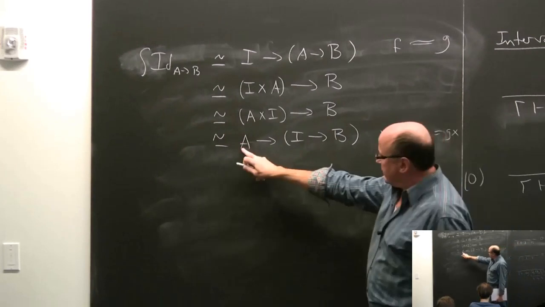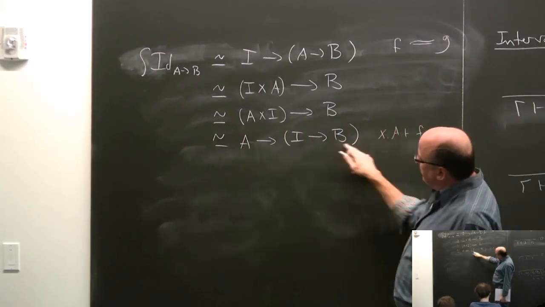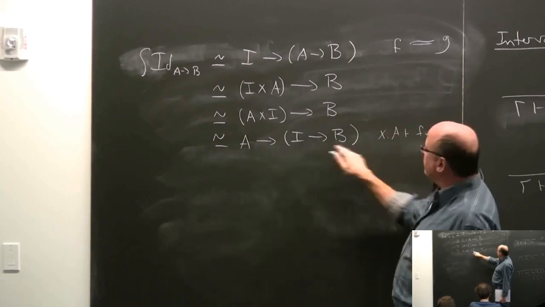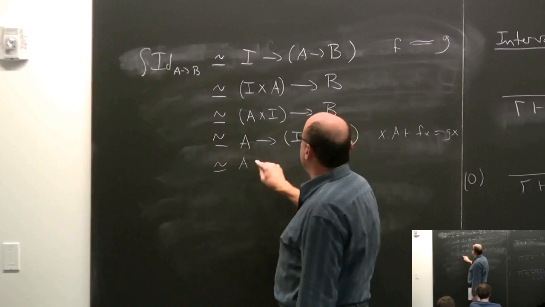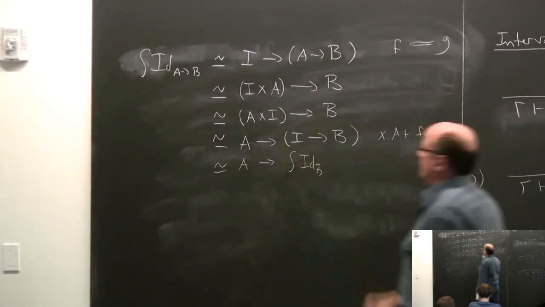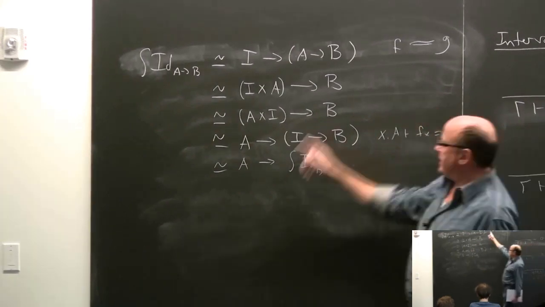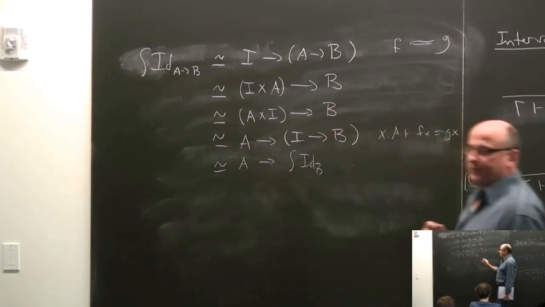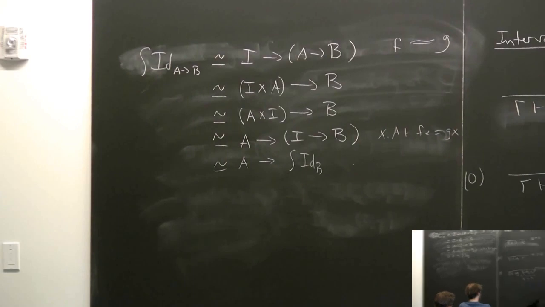Because for every x you take in here, you're going to get a conventional path from I to A arrow B. So this is really, by applying the remark again, a path in B. So a path in a function space is a parameterized family of paths in the range. It's kind of cute how that works out.